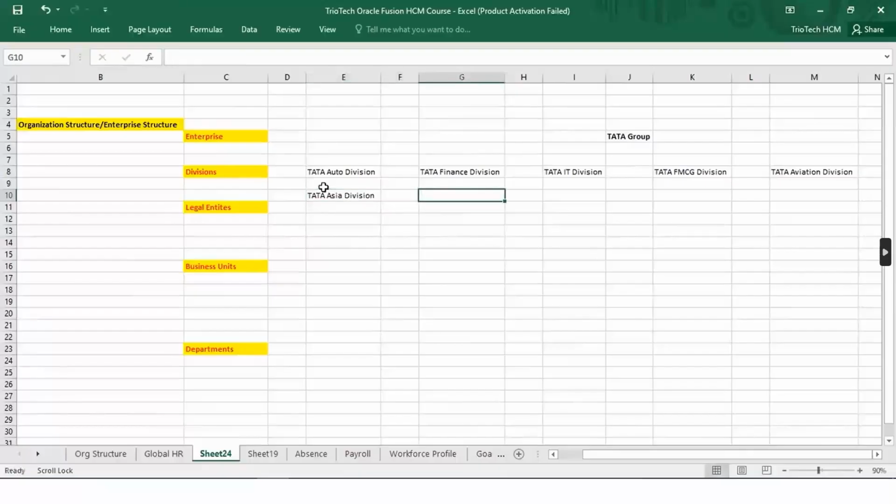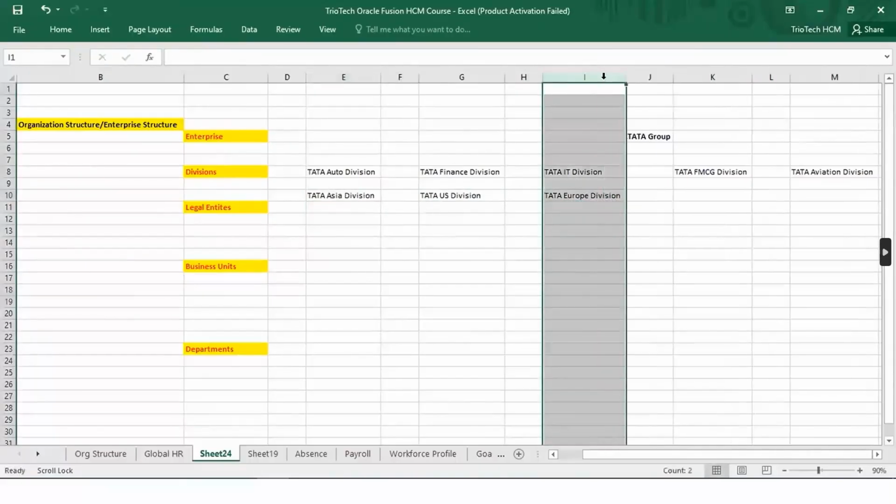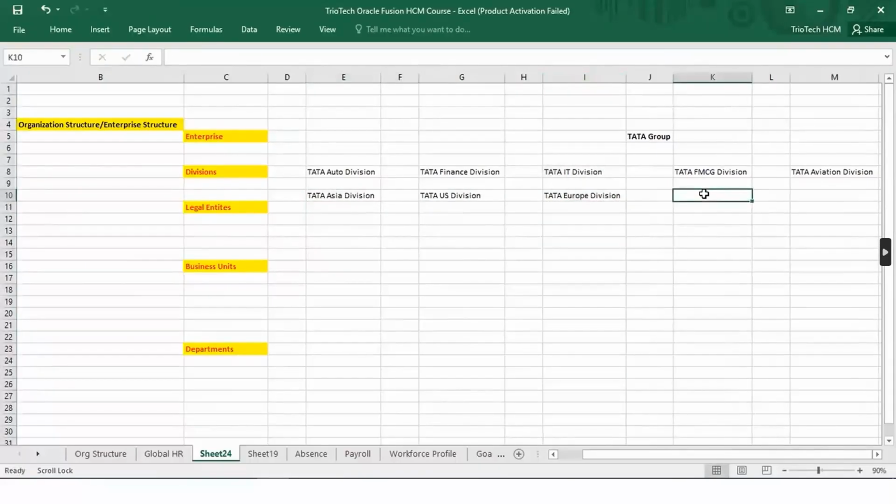Okay. Then something like Tata US Division. Then something like Tata Europe Division. Then Tata Middle East Division, ME. Then let's say Tata Australia Division.